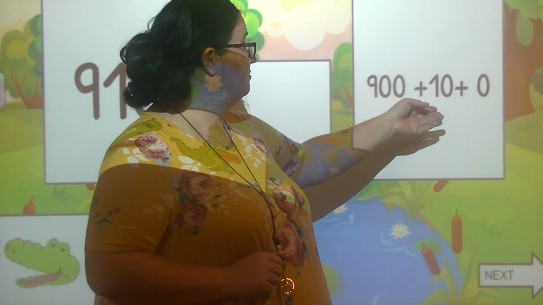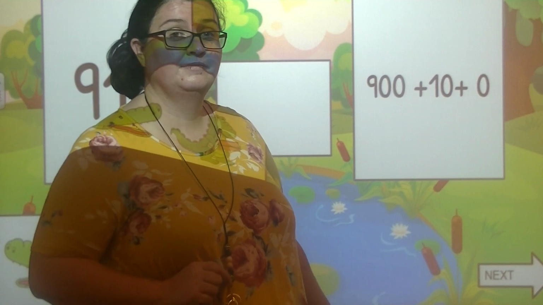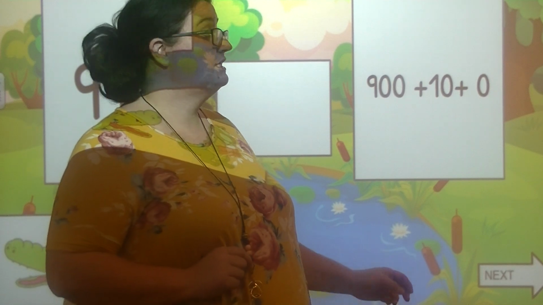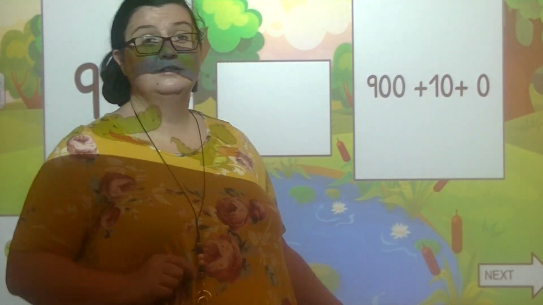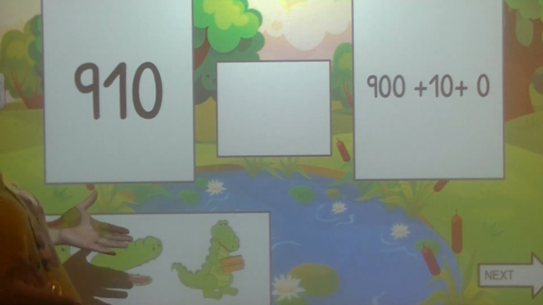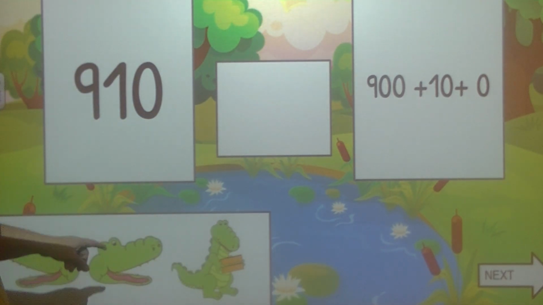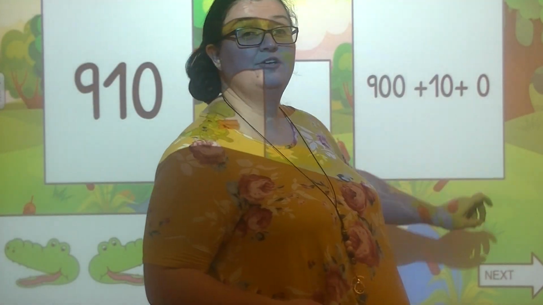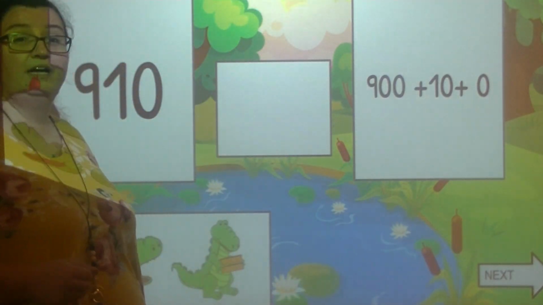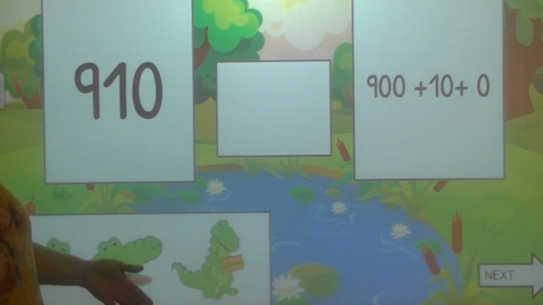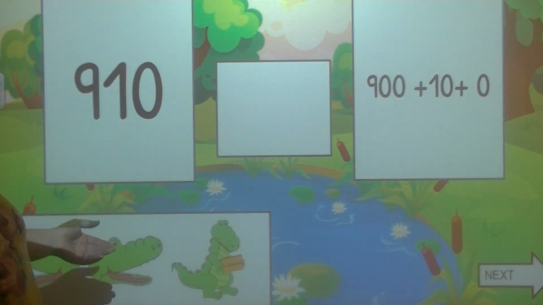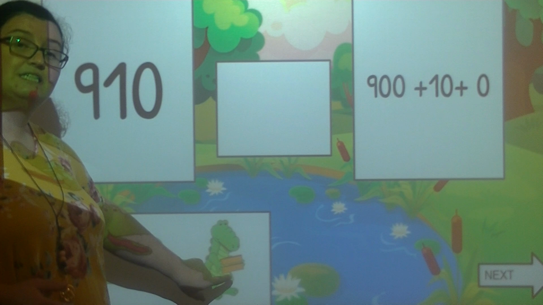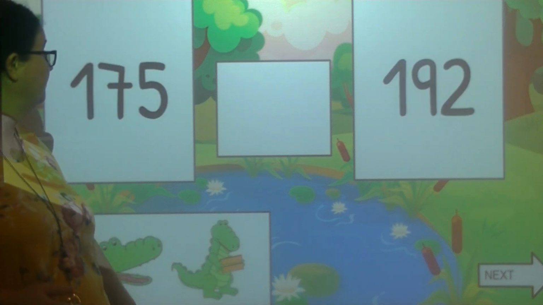What is 900 plus 10? 910 plus 0 more. It's still 910. So if we have 910 and 910, both sides. So we would say it is equal to.